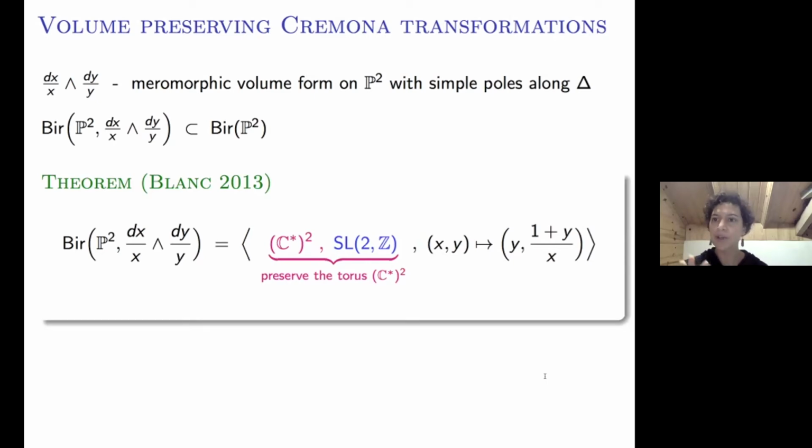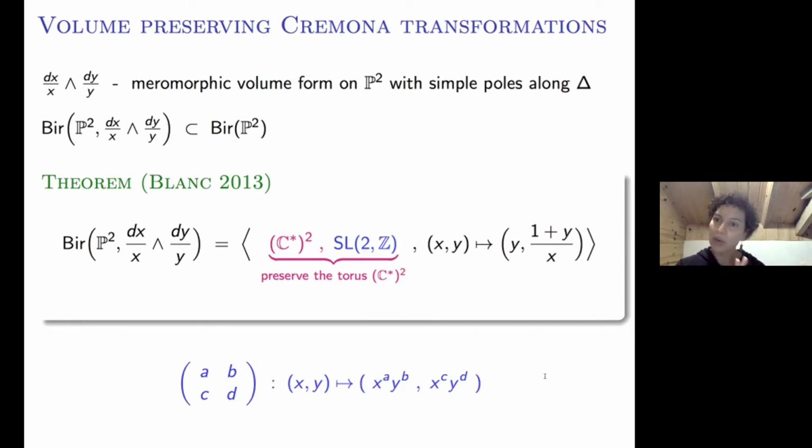There is this first part, the part in pink and blue, which is the part that preserves the torus. So this is a regular volume form on the torus. And so we have the torus itself acting by translation, and we have the SL2Z, which is acting in affine coordinates, acting by monomials in this way.